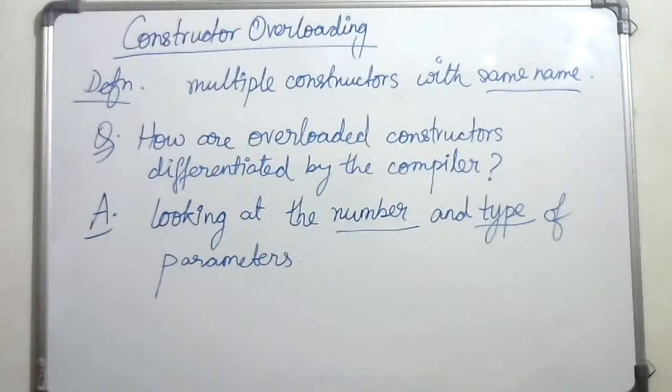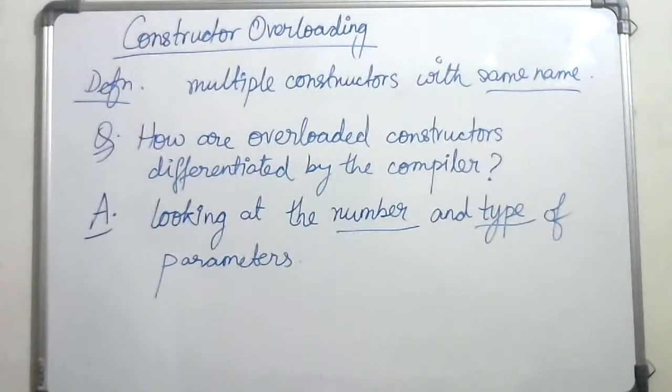So it looks at the number of parameters or the type of parameters, as in the data type of the variables which are the parameters of the constructor. Looking at these two things, the compiler differentiates between multiple constructors. So if I have more than one constructor in my program, the compiler will take a look at the number and type of arguments. Depending on that, it will try to differentiate which constructor I am calling at object creation.